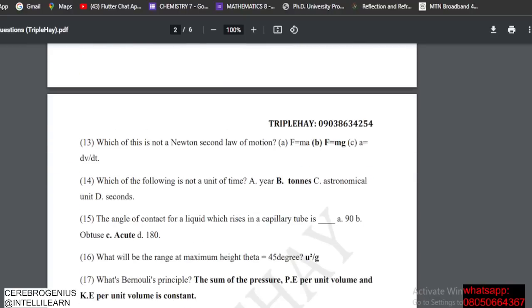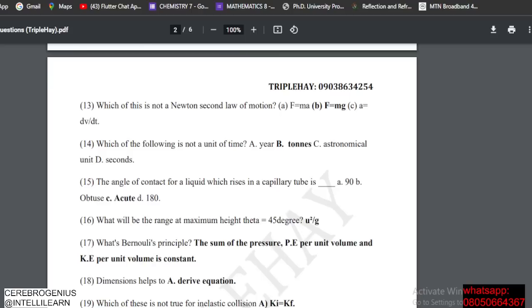The next one, which of these is not a Newton's second law of motion? F is ma, F is mg, F is m dv/dt. Now I don't agree with this answer that F is equal to mg, because F is equal to mg and F is equal to ma are the same thing. Both of them are saying force is mass times acceleration.